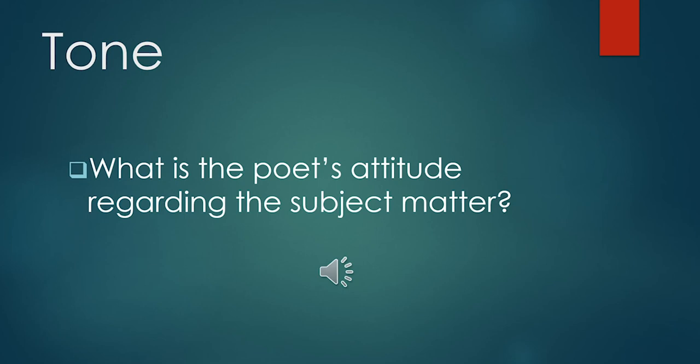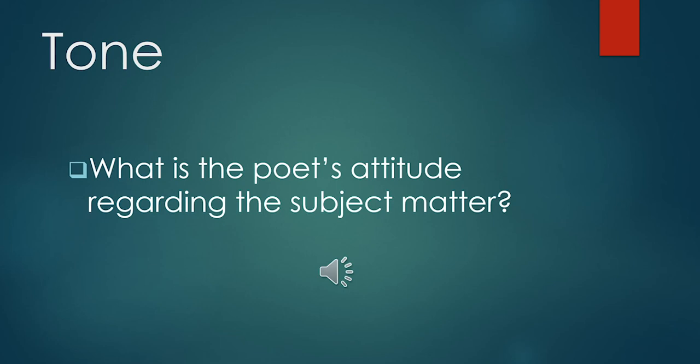Okay? So we're all familiar with this. So it's not that different in poetry. The words chosen have specific meanings or connotations attached to them, and we have to be able to identify the tone based on the words used.